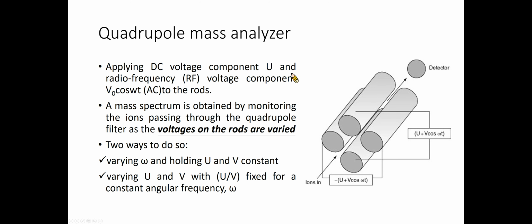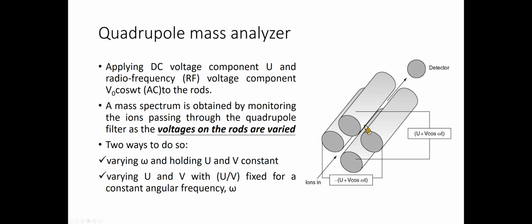As we mentioned, the electric field in the quadrupole is controlled by the direct current voltage component U and radio frequency RF voltage V0 cos omega t. Two opposite rods can have an applied potential of U plus V cosine omega t, and the other two rods have the potential of minus U plus V cosine omega t.